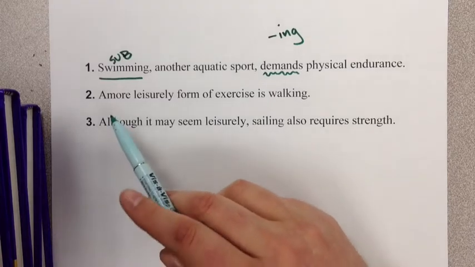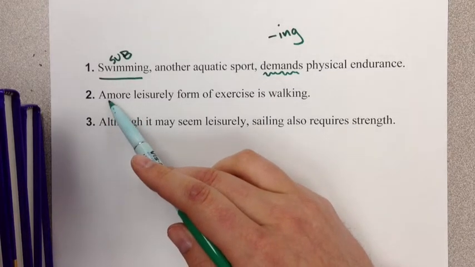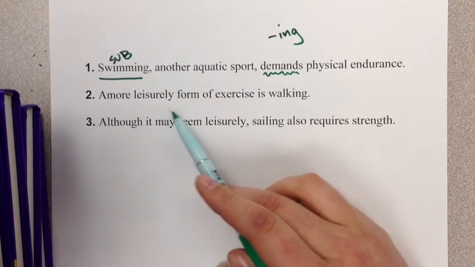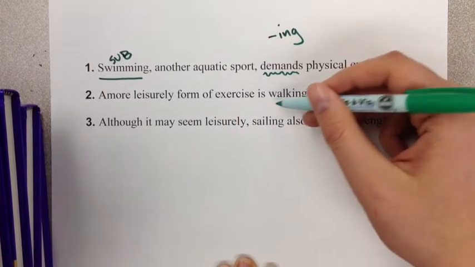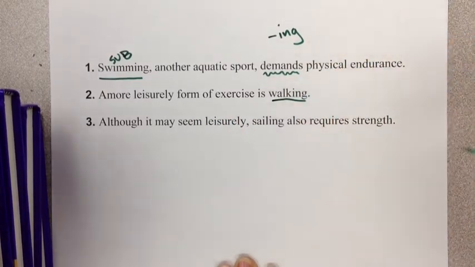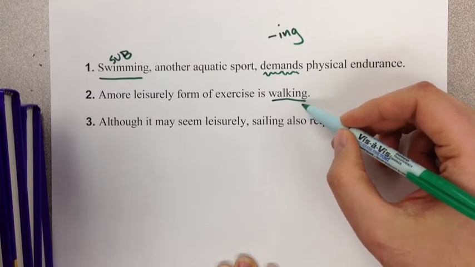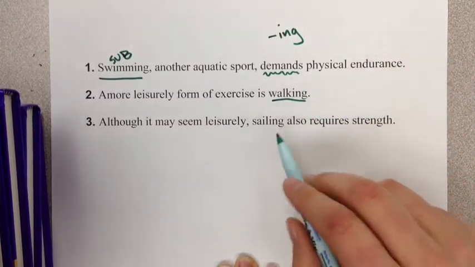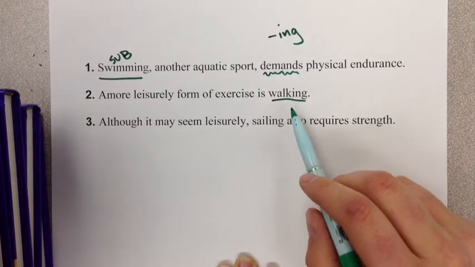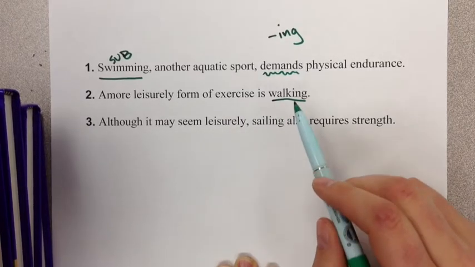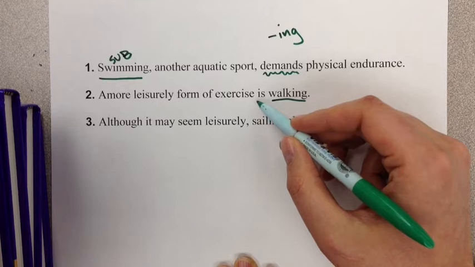Number two: A more leisurely form of exercise is walking. Here we have our ing word, and this suggests that it is a gerund. But we're not done. We have to make sure that it's not a participle. This is a gerund because it follows this linking verb.